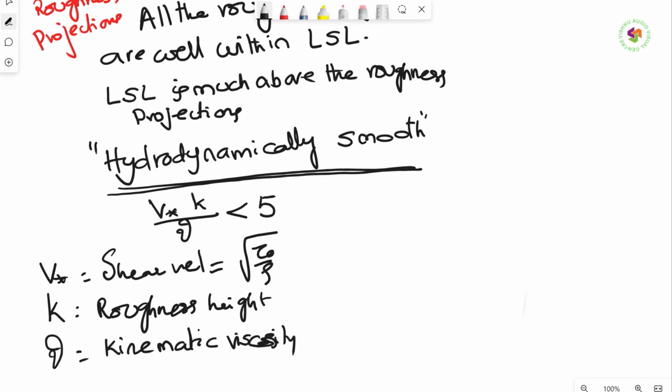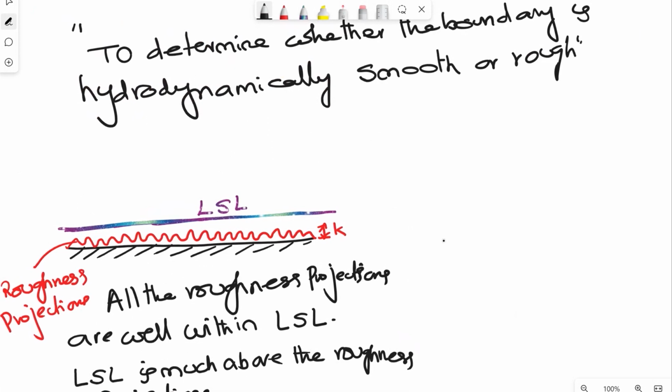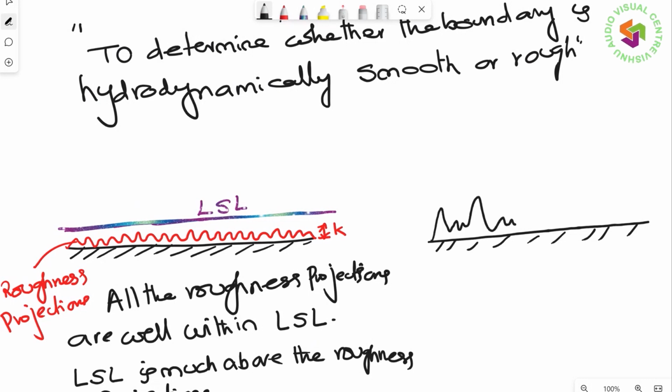The other case I will take here itself. Suppose there is another boundary. Here the projections are like this. Suppose the laminar sublayer is like this.